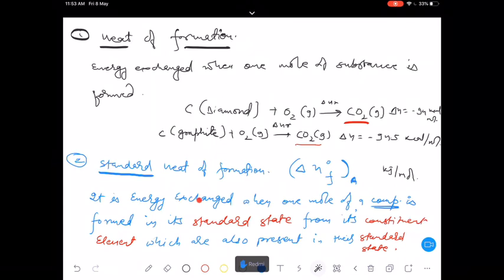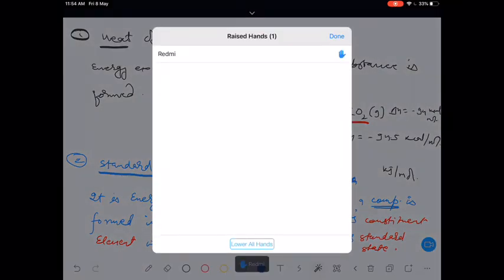Okay, then it will not be zero. Exactly. Even when it is formed from carbon and hydrogen, it is not zero, but in that case it won't even be called standard heat of formation. That I will discuss in a few minutes by taking different examples. Just give me a few minutes.